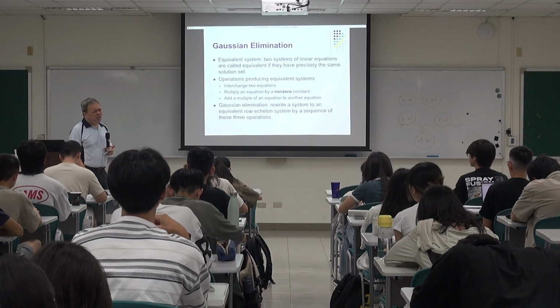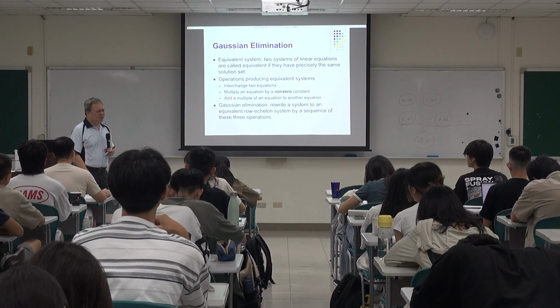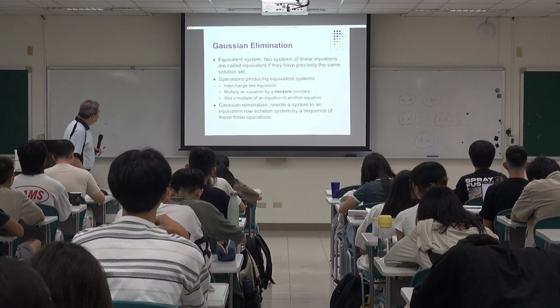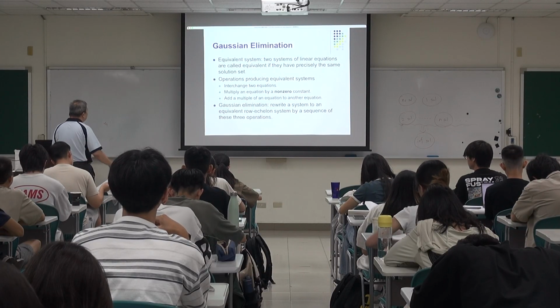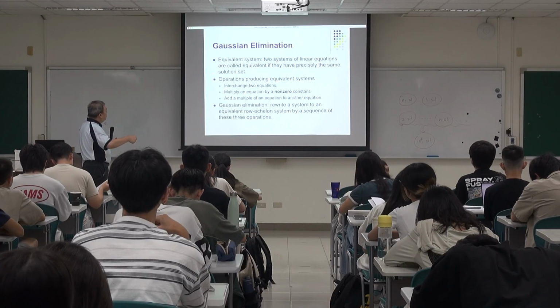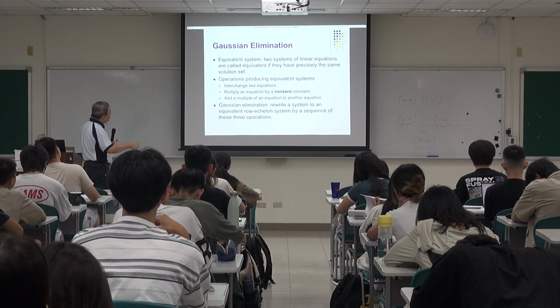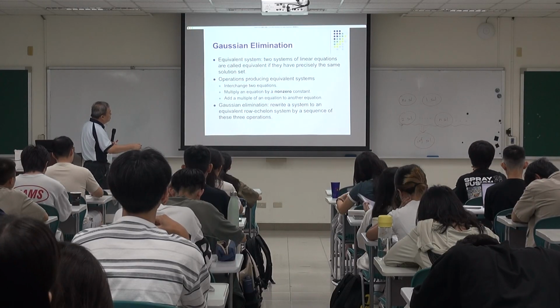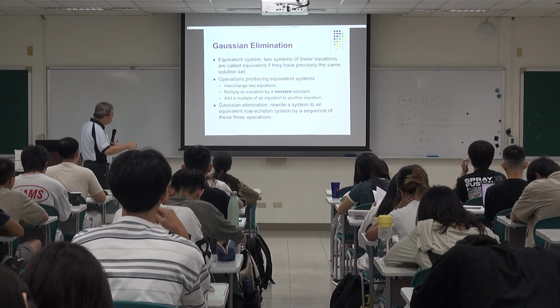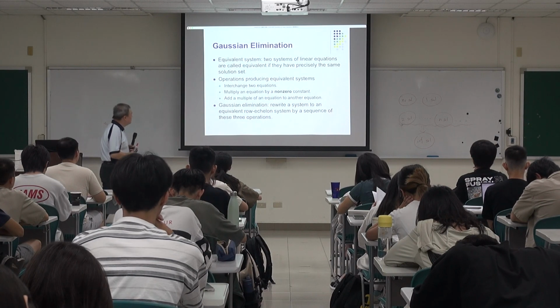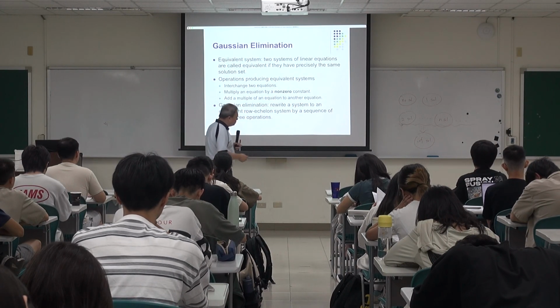Or maybe they talked about it, but it was a long time ago and you already forgot. But anyway, now you know what Gaussian elimination is. First, when you talk about equivalent systems, two systems of linear equations are equivalent if they have precisely the same set of solutions.